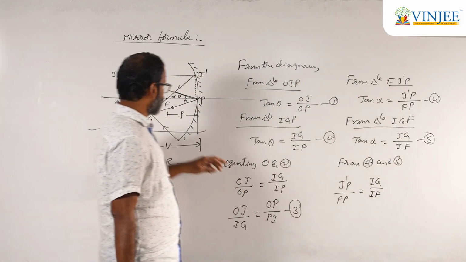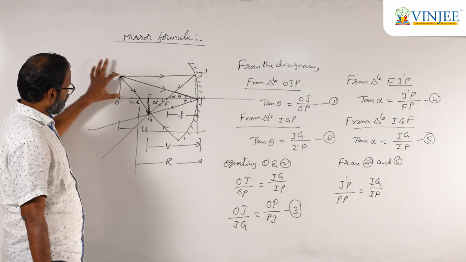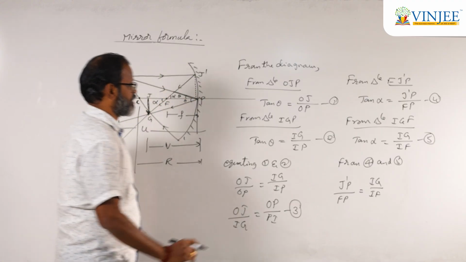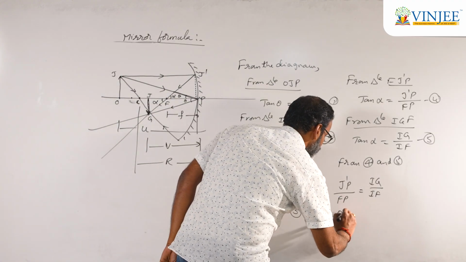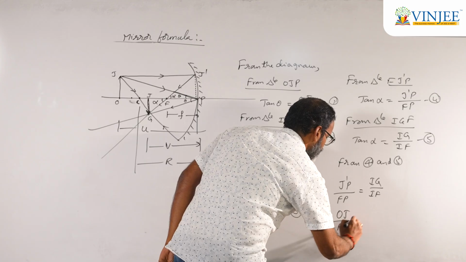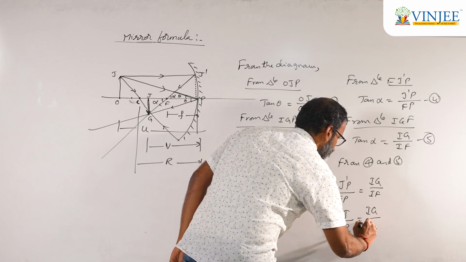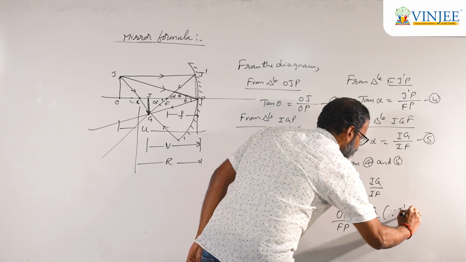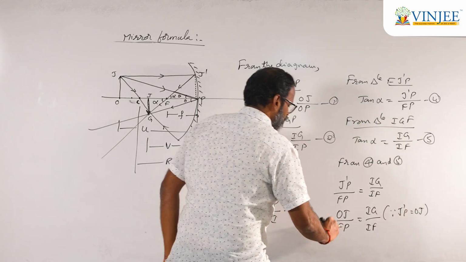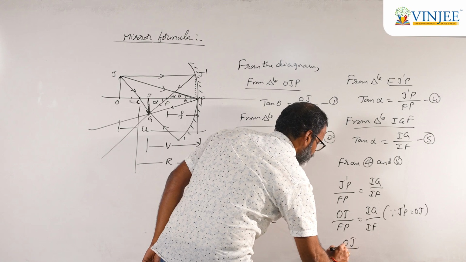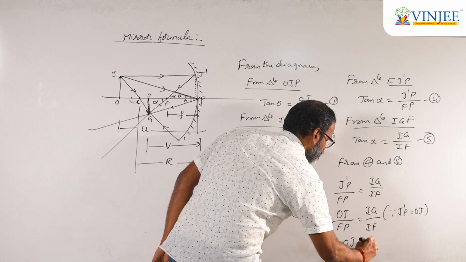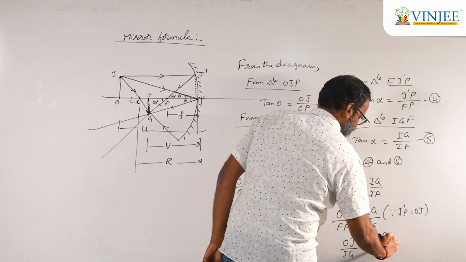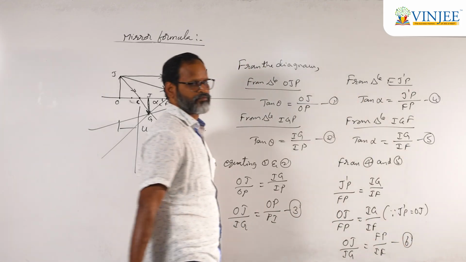From the diagram, just observe the situation: OJ is equal to PJ dash. That implies OJ divided by FP is equal to IG by IF. So OJ by IG is equal to FP divided by IF. This is taken as equation number 6.